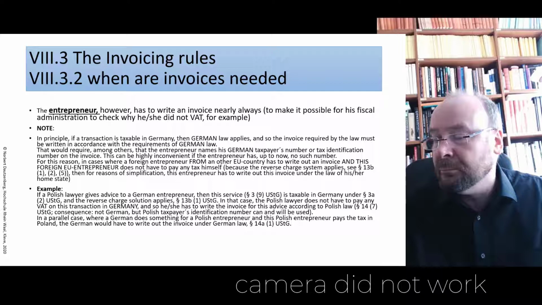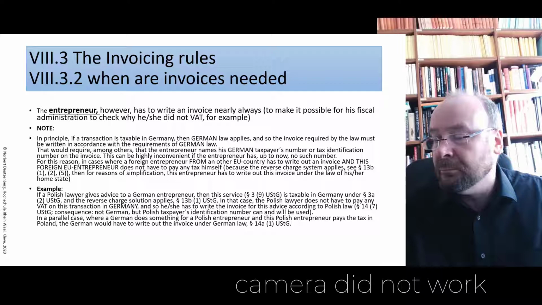Now there is one case where that makes no sense or would be superfluous bureaucracy, in cases of reverse charge or so, because in case of a reverse charge case, the transaction is taxable in the other country, but the tax is not to be paid by you as entrepreneur, but by your customer.